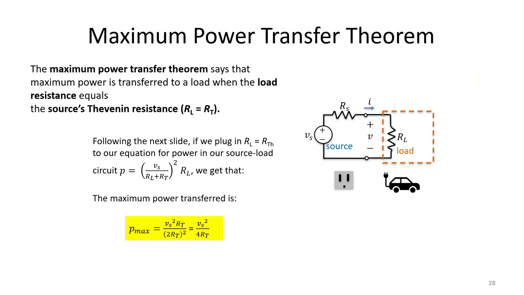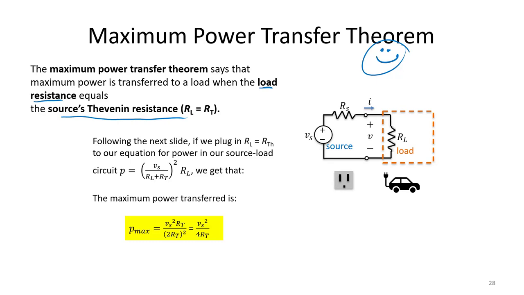All right, our last circuits theorem here is our maximum power transfer theorem. If you see a question about maximum power transfer on the exam, you should immediately be happy, because that is free information. Remember, maximum power transfer theorem says that maximum power is transferred when the load's resistance equals the source's Thevenin resistance.